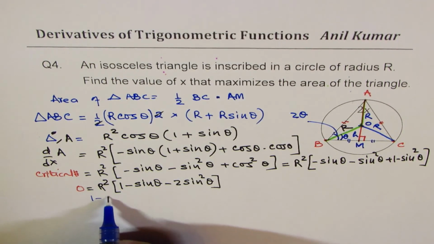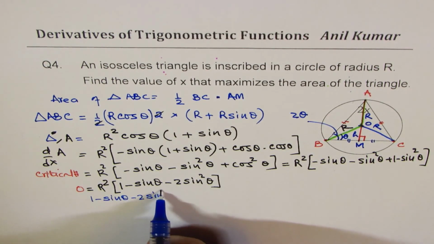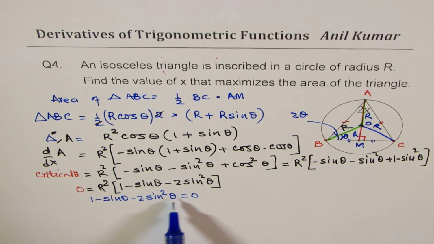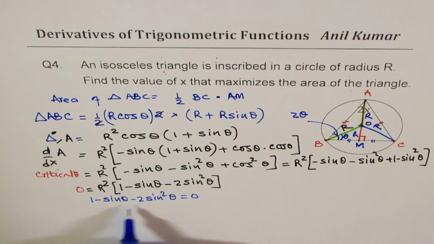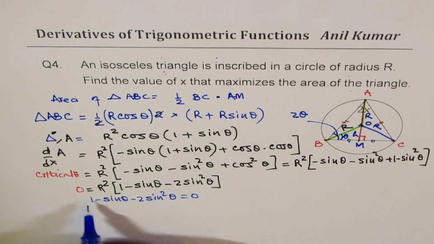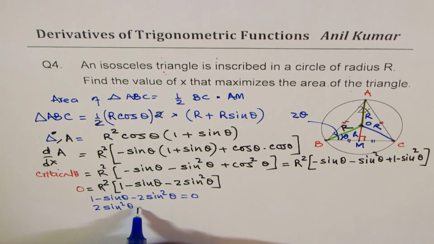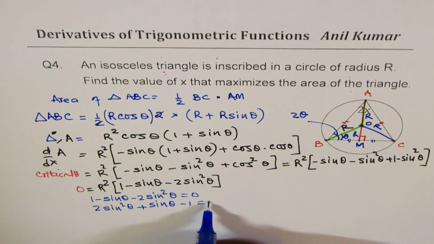That is 1 minus sine theta minus 2 sine square theta should be equal to 0, right? So we have to solve this quadratic equation. Let me take it all to the right side, multiplying by negative. So we get 2 sine square theta plus sine theta minus 1 equals 0.